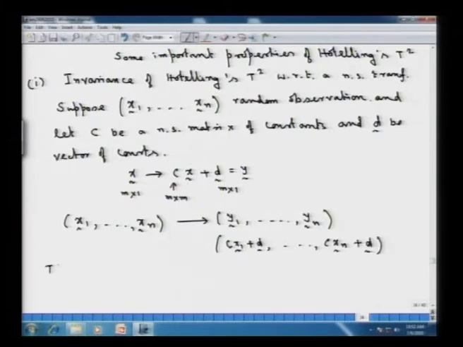Now the T-square statistic computed from x1, x2, xn is going to be the same as that computed from Cx1 plus D, Cx2 plus D, and Cxn plus D. In that sense T-square will be invariant.